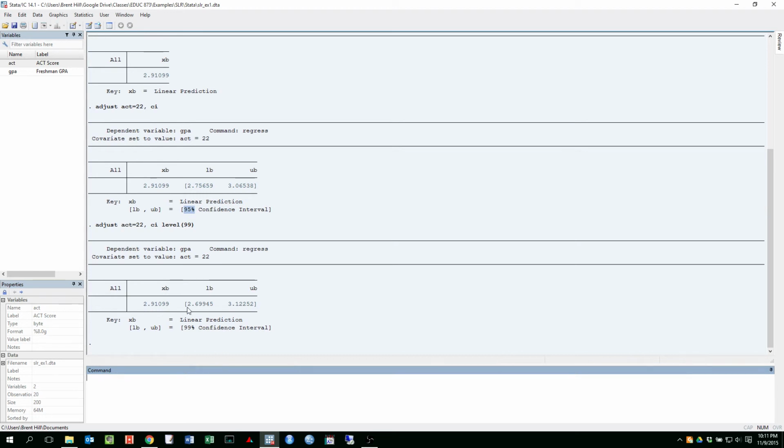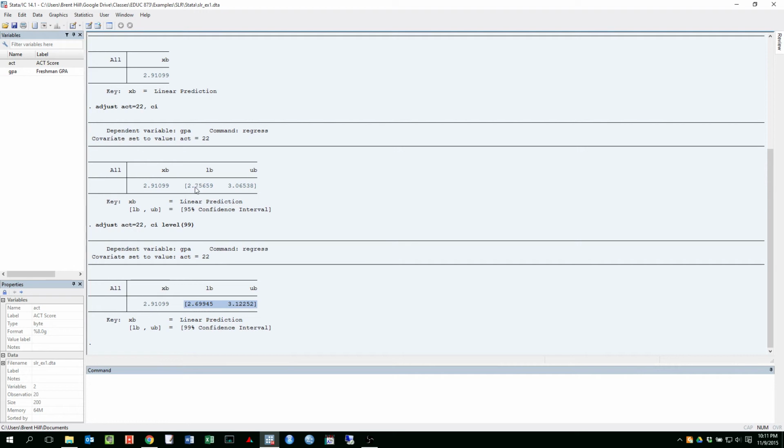So then it produces, again, the same point estimator, because that's where the line gives us that value back, so that's going to be the same. However, now it's a little wider because we asked for the 99%, so if we want to be that sure, we're going to have to extend the bounds of our confidence interval out a little bit.